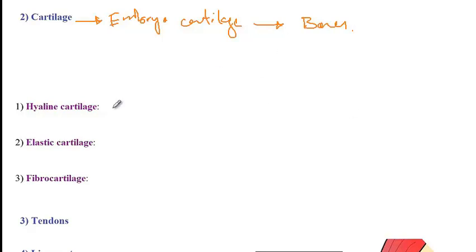And here I have three types of cartilage that I'm going to discuss their location and their function with you. Another feature of cartilage that I would like to discuss is that they have no blood vessels, as a consequence of which their nutrient supply has to be carried out via diffusion from nearby blood vessels.